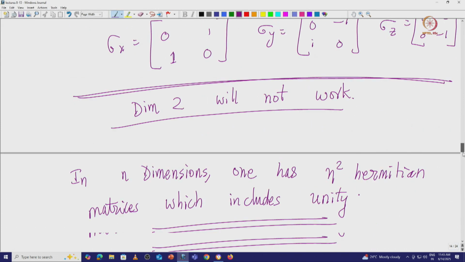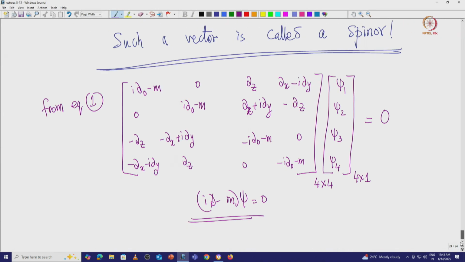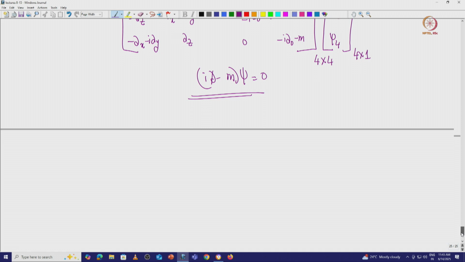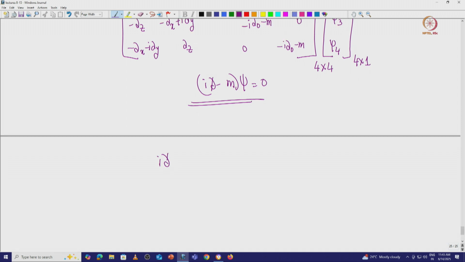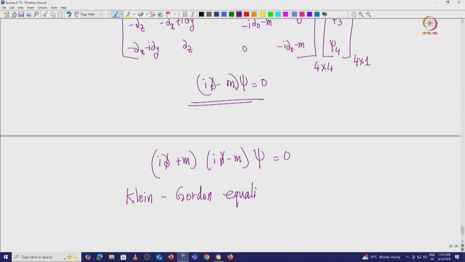So it turns out exactly for that reason, if you iterate the Dirac equation, so if you start by multiplying the Dirac equation on the top of it again, so if you multiply I del slash plus m, I del slash minus m into psi, each component, you expand this entire thing and you will end up having the Klein-Gordon equation for psi 1, psi 2, psi 3, psi 4.